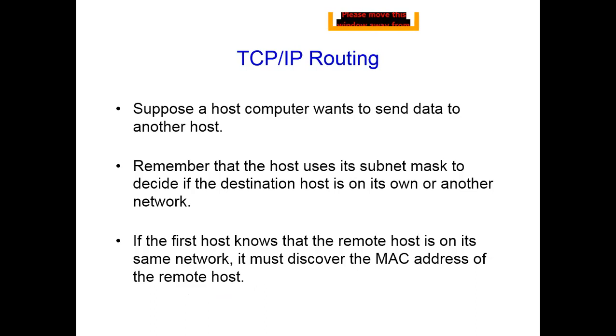Yan. TCP/IP routing. Okay, Transmission Control Protocol/IP address routing. Suppose a host computer wants to send data to another host. Remember that the host uses its subnet mask to decide if the destination host is on its own or another network. If the first host knows that the remote host is on its same network, it must discover the MAC address of the remote host.